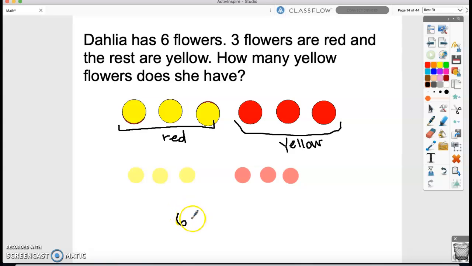So I know that in order to find out the yellow, I need to subtract my red. Well, I look up and I see I have 3 red. Equals, and I want to know the amount of yellow flowers. So I have 1, 2, 3. I have 3 yellow flowers.